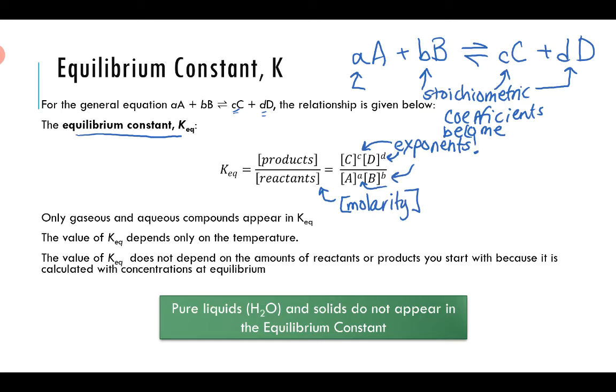And so you can look up equilibrium values in tables for the K, or you can calculate them. And they depend on temperature because, again, if we increase the rate of reaction, then we might end up in a different ratio of reactants to products.